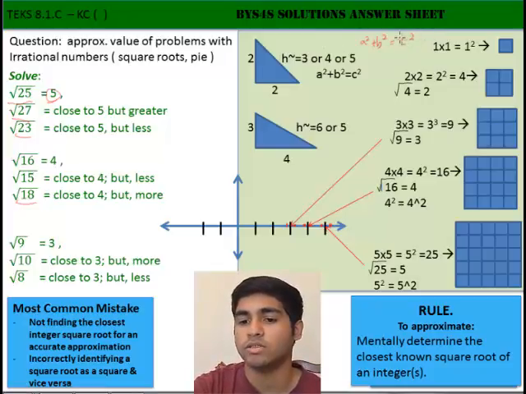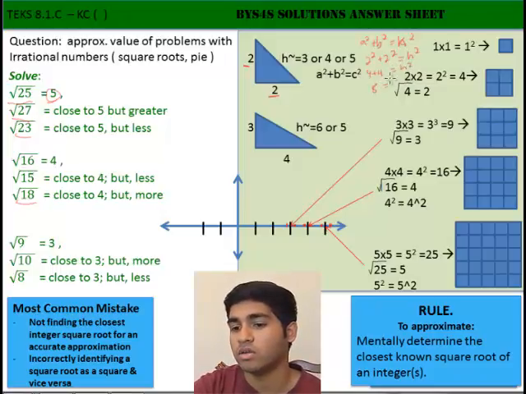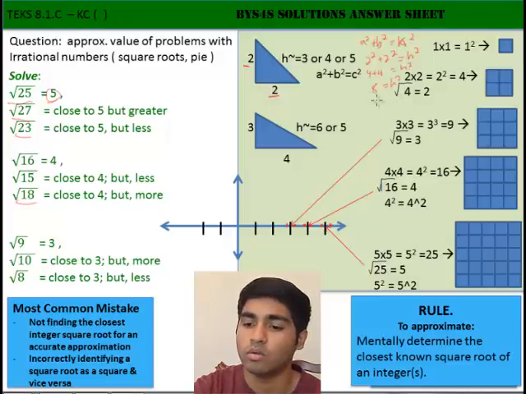And so you know that your a and your b are both 2, so 2 squared plus 2 squared equals h squared, which is 4 plus 4 equals h squared, and that's 8 equals h squared. And from there, you know that the square root of 8 would equal h.